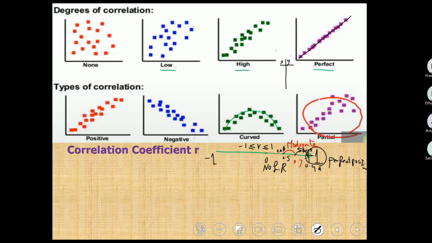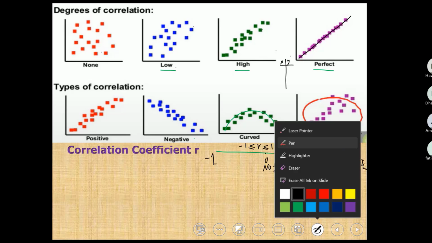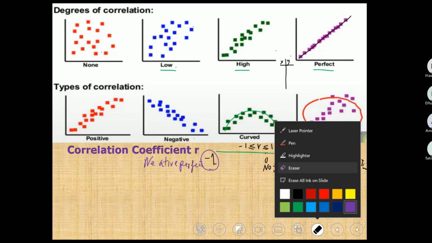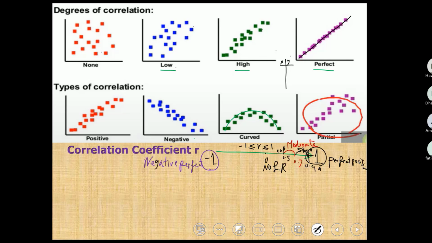Okay, let's go to the opposite side. If we go to the negative side, if you have exactly -1, you say negative perfect. Now, from 0 to -0.5, you have negative weak.